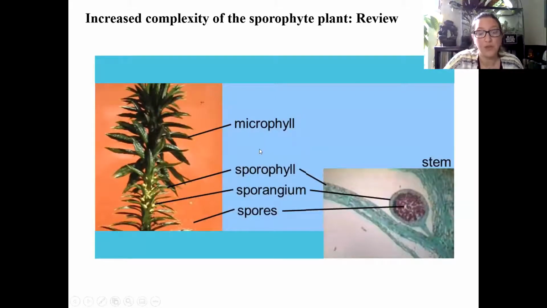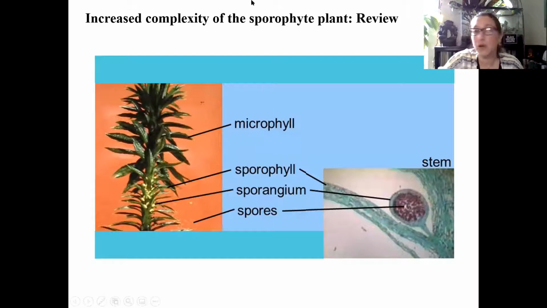So back in the non-vascular plants, we had sporangia or a capsule kind of thing, right? Capsule on the polytrichum, hanging upside down capsule on the liverwort, horn-like looking capsule on the hornwort. Now we're in the lycopods, Lycopodiophyta.